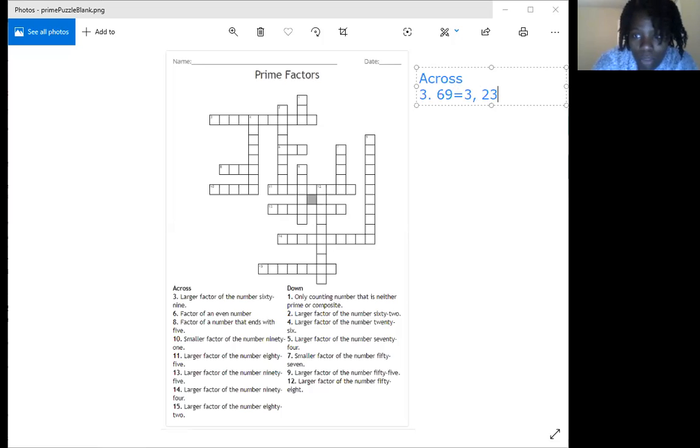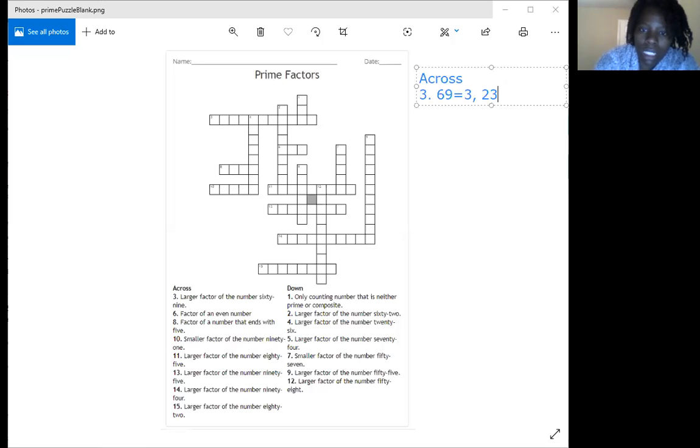So 3 and 23. After a while, we're going to recognize some patterns for our numbers. I want you to notice that 69 is an odd number. A lot of the time, odd numbers have a factor of 3. So I want you to keep in mind this information, and then we'll go into further detail on the hints we can use.